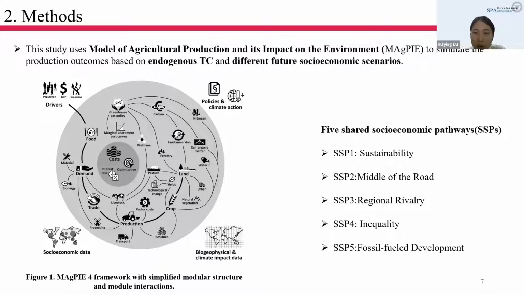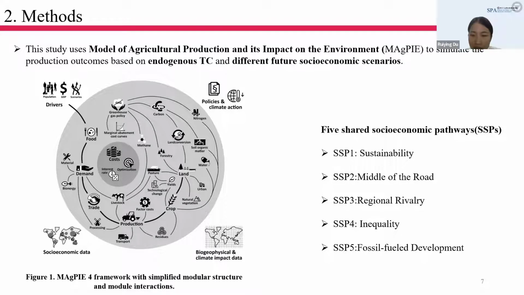MAGPIE is an open-source partial equilibrium model that combines economic and biophysical approaches to simulate spatially explicit global scenarios of land use and the respective interactions with the environment. This study uses version 4.3.5 of MAGPIE, which includes 12 world regions.